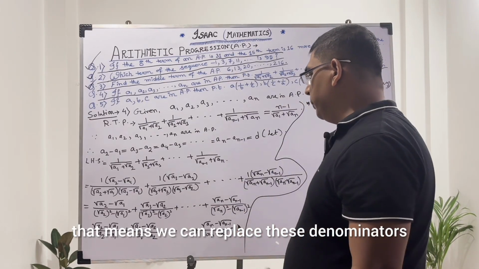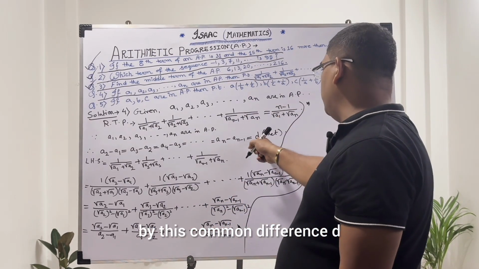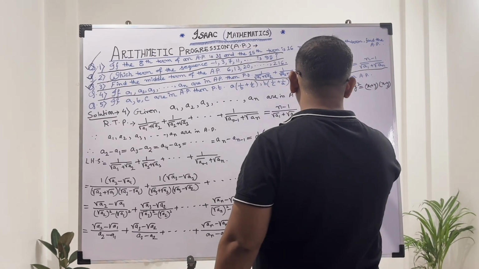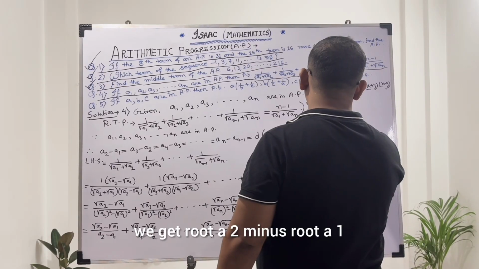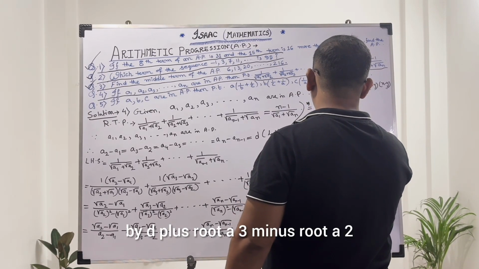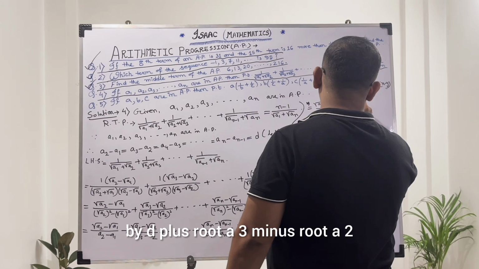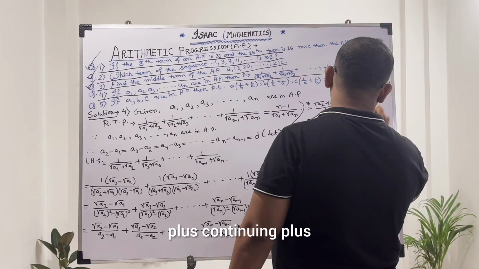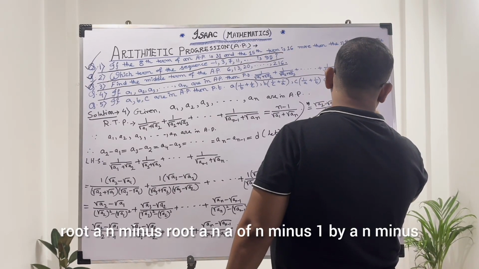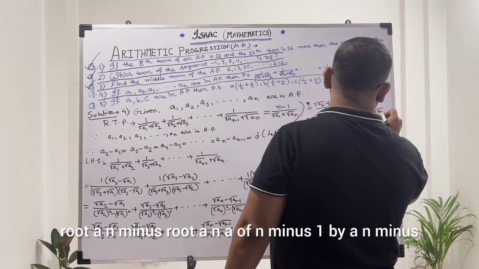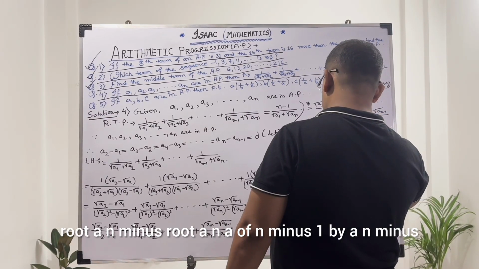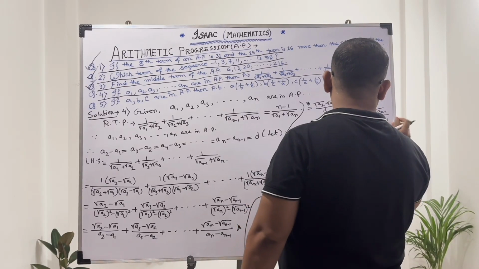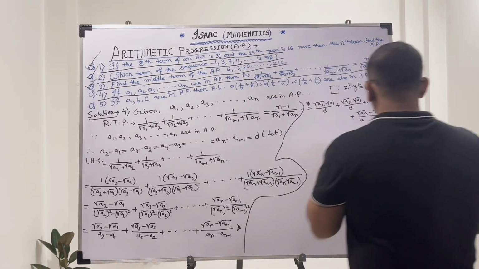That means we can replace these denominators by this common difference d. So after replacing, we get root A2 minus root A1 by d, plus root A3 minus root A2 by d, plus continuing, plus root AN minus root A of n minus 1, this is also by d.